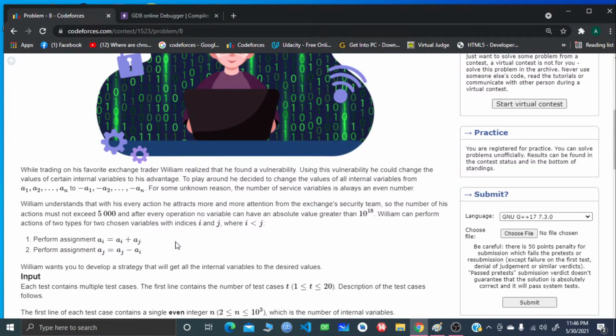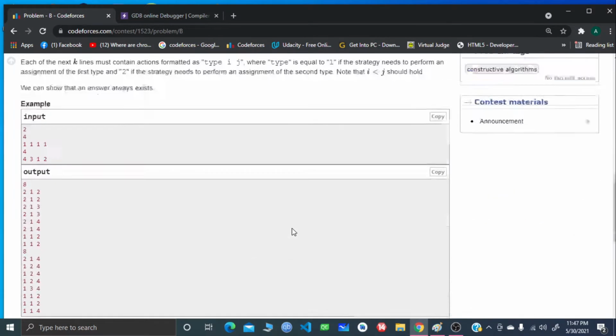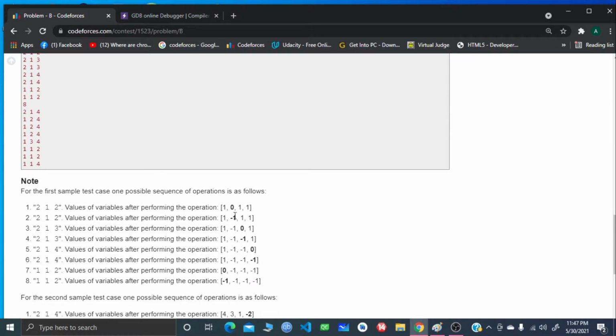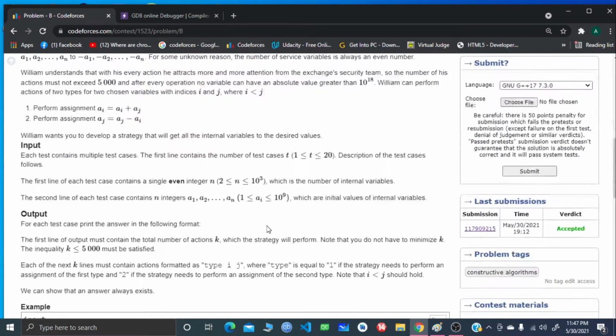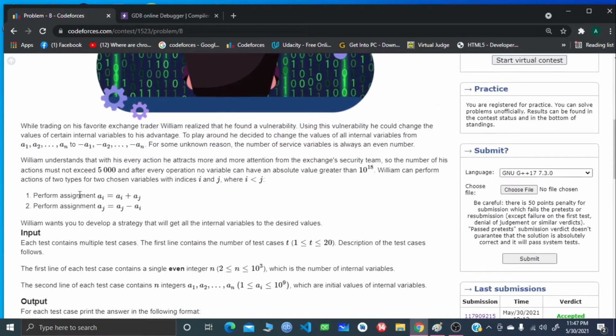The operation is explained here: you're given two different indices, i and j, and i is always less than j. You can perform two types of operations.